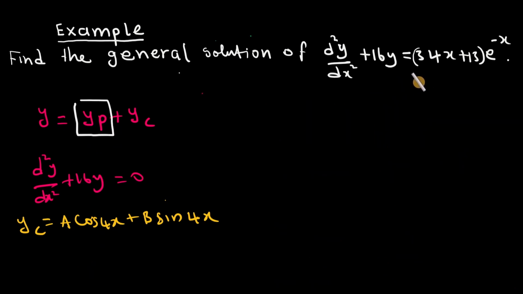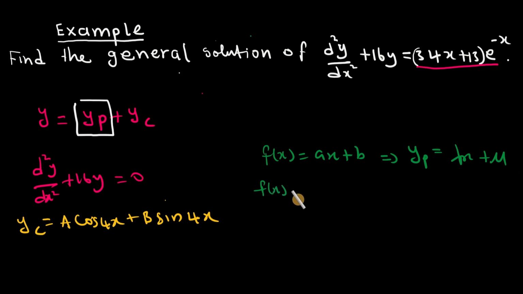You know, the particular integral depends on this non-homogeneous function on the right hand side of the equation, or the side of the equation where there are no derivatives. We said before that if f of x is in the form ax plus b, the particular integral will be in the form lambda x plus mu. If f of x is in the form e to the alpha x, then the particular integral will be in the form p e to the alpha x, where lambda, mu, p are all constants.